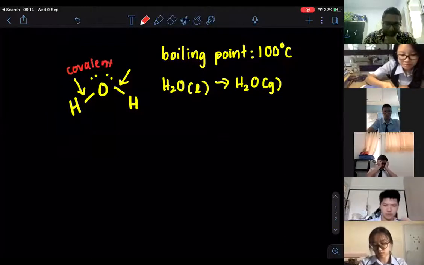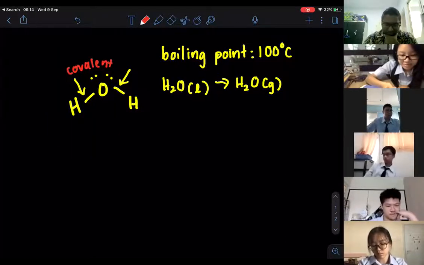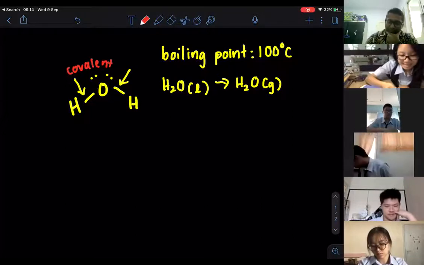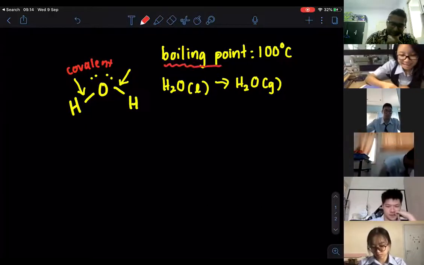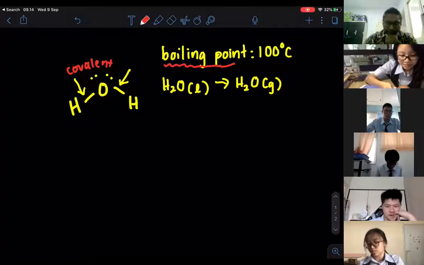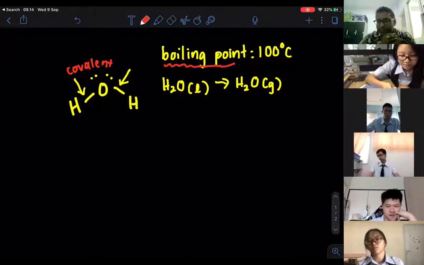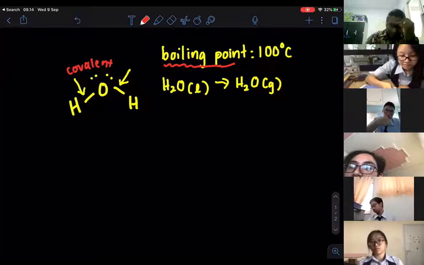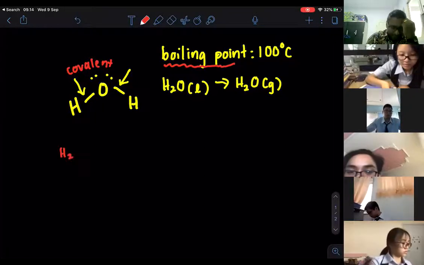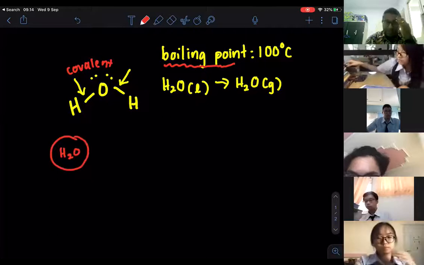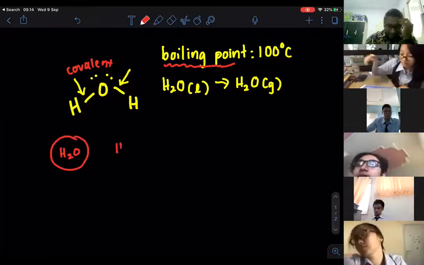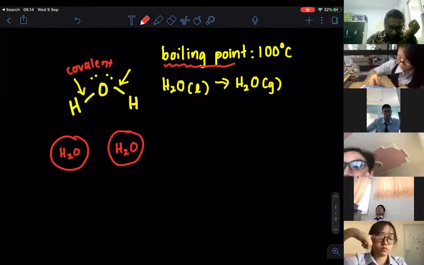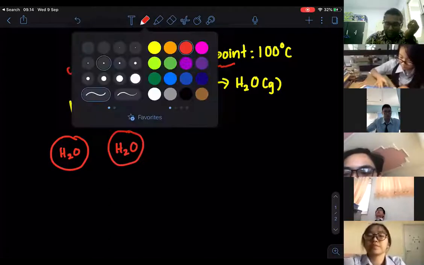Now, I just want to be very sure about this. When you boil water, are you breaking the covalent bond? No. Okay, you are not breaking the covalent bond. So if I have water, if I just generally put water like this, and then I have water over here, what exactly are we breaking?